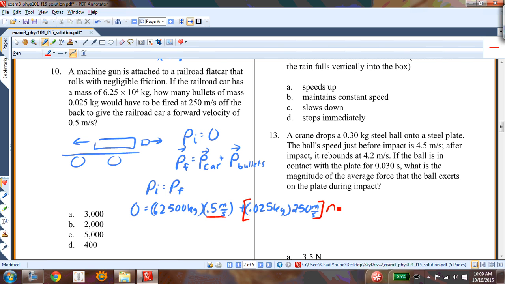Okay, and then I solve that for N. 62,500 times 0.5 divided by 0.025 and 250. I get N is equal to 5,000. Means it takes 5,000 bullets to get this car up to this half a meter per second. So number 10 is C.